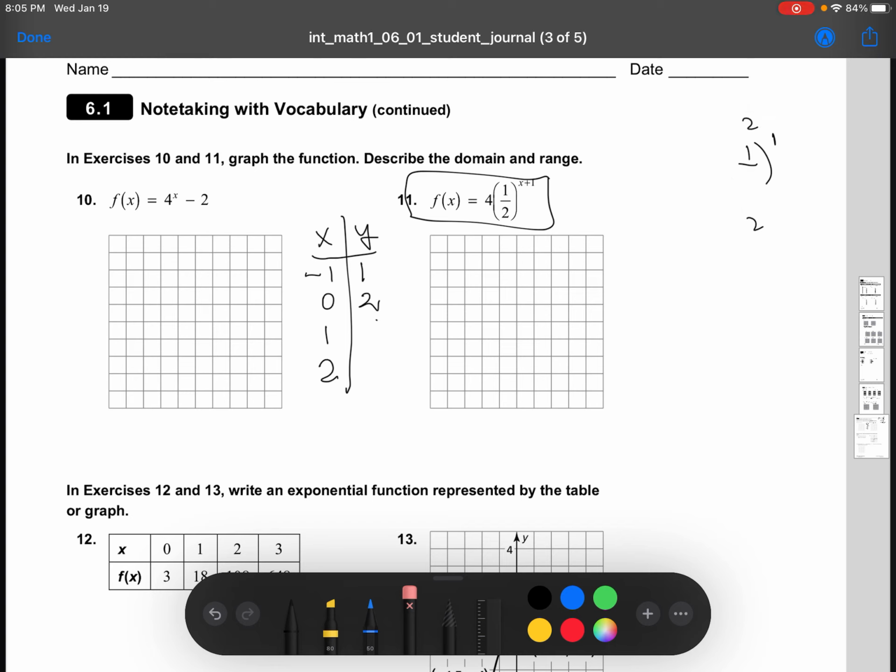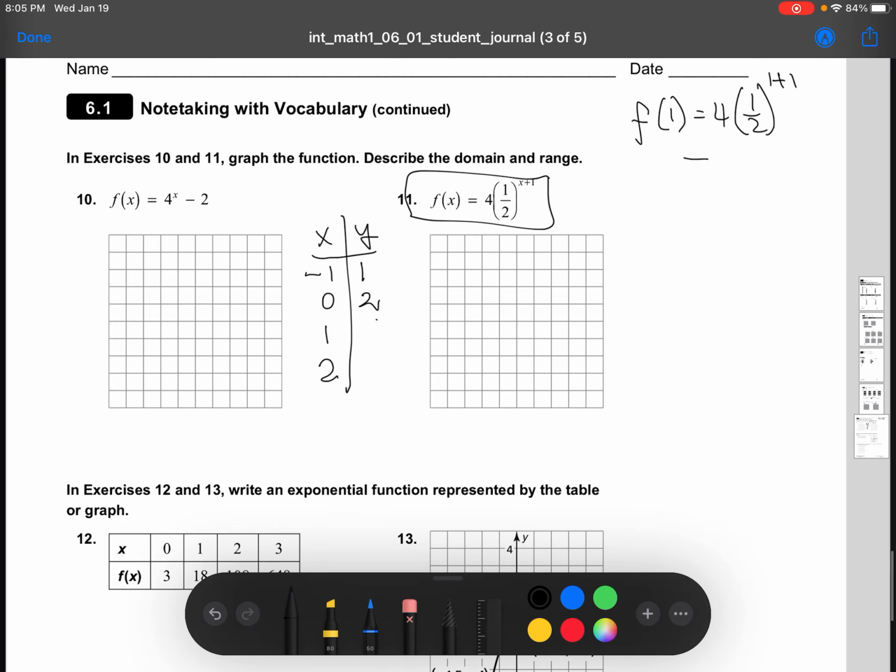Now you know the drill, right? So we have f of 1 is 4 times 1/2 raised to 1 plus 1. And you know what? I think I made a mistake. So if you go back, you're going to help me correct this, okay? Because in the first one, we made a mistake here, okay? We're going to get back to it soon. So this is where we have our 4 times 1/4, which is 1.